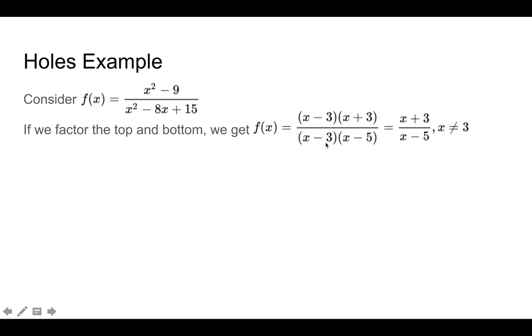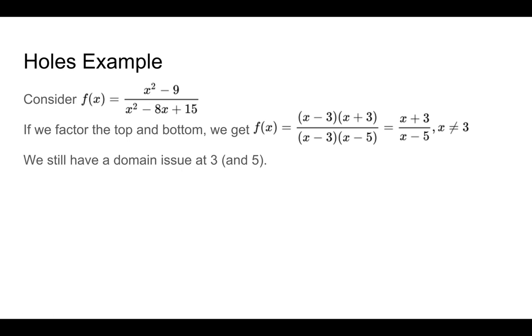Because that would be 0 over 0. So x equals 3 is still a bad guy. It's still an excluded value. It's still not part of the domain. I still have two domain issues, 3 and 5. But I'm not going to get a vertical asymptote at 3 anymore because that canceled out. Instead, I'll get a hole.